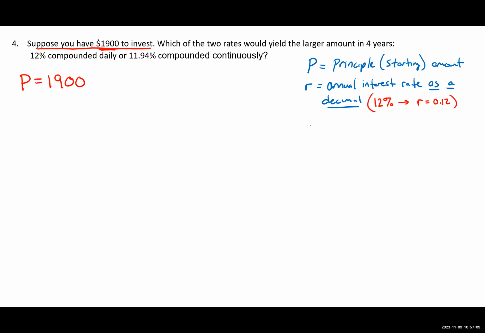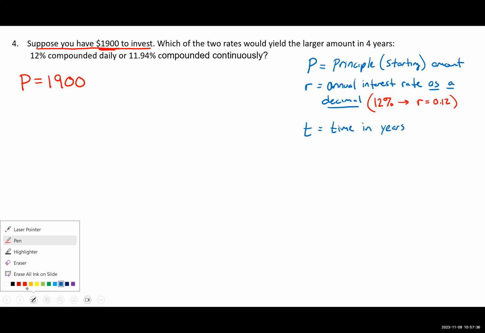The amount of interest that is charged also depends on how long you owe the money for. Investing $1,900 for 6 months, for 1 year, for 5 years, for 10 years, for 20 years. In this case, it's 4 years. We have to be consistent. So time will always be measured in years. Time is always measured in years.